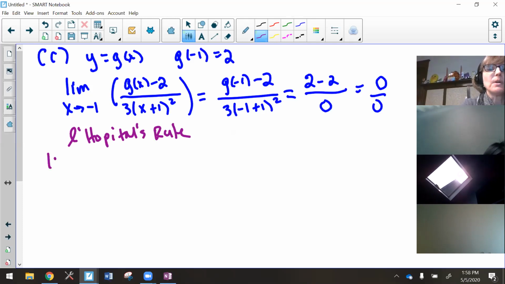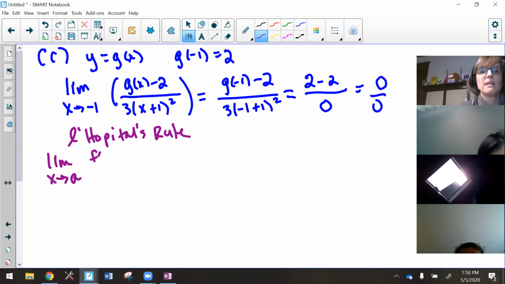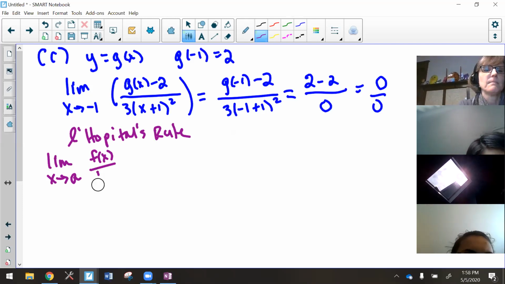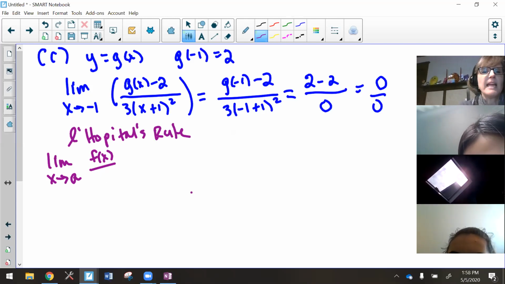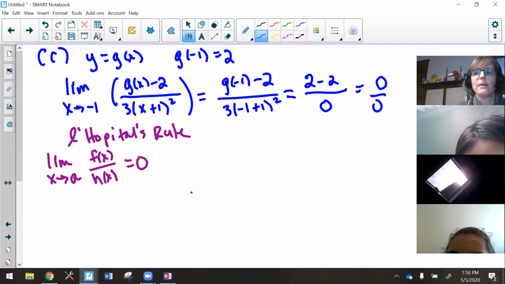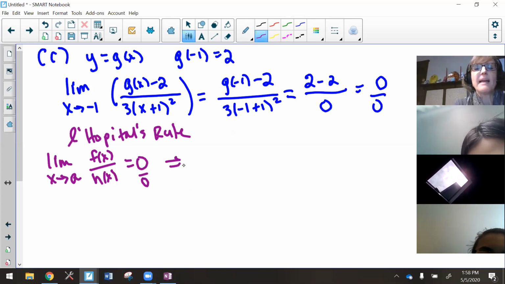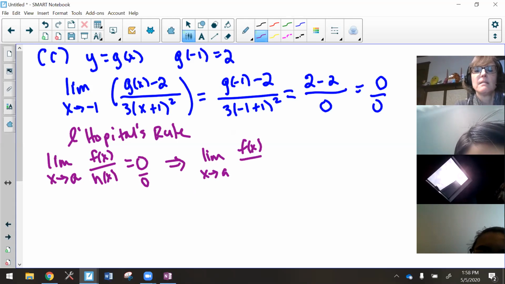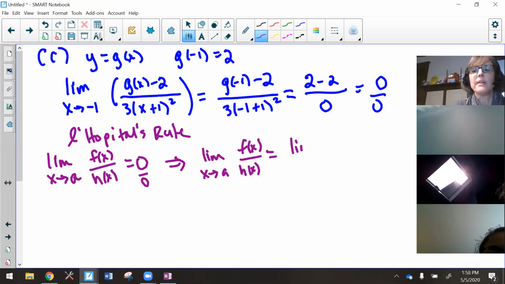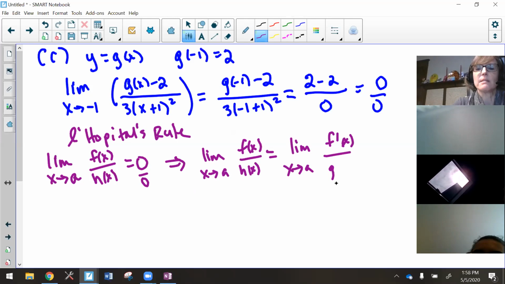So L'Hopital's rule says that if the limit as x goes to a of f of x over h of x is equal to 0 over 0, or other things, but this is what's important here, then that means that this limit is also equal to the limit as x goes to a of f prime of x over h prime of x.